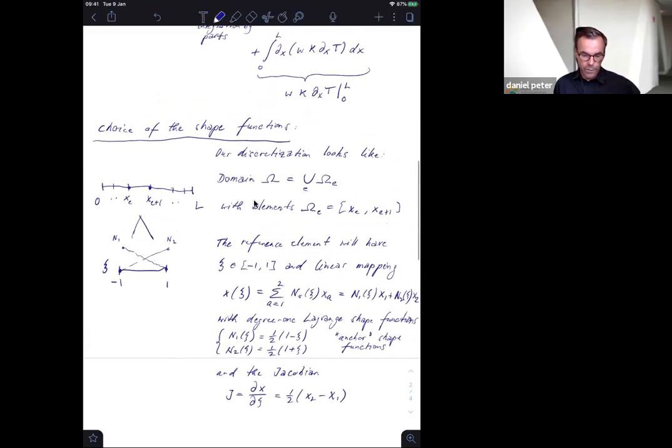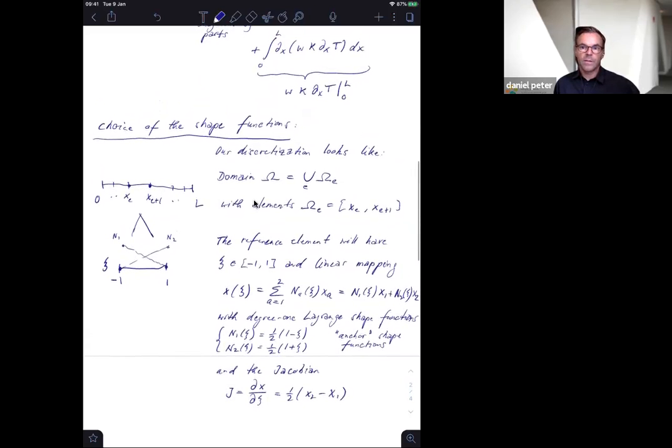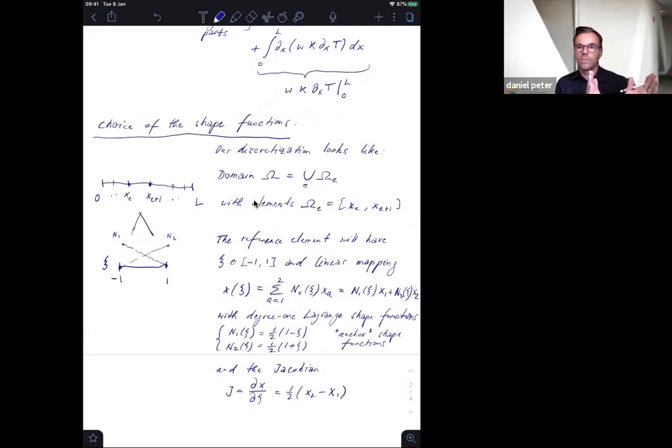Now, where we differ is that these shape functions are really just for the mapping from the physical domain to a reference domain and back. For that mapping, we just use low order shape functions, these linear shape functions. But once we are within our reference element, we use higher order polynomials for the function approximation. And so that's the choice of the basis function that we come to now.